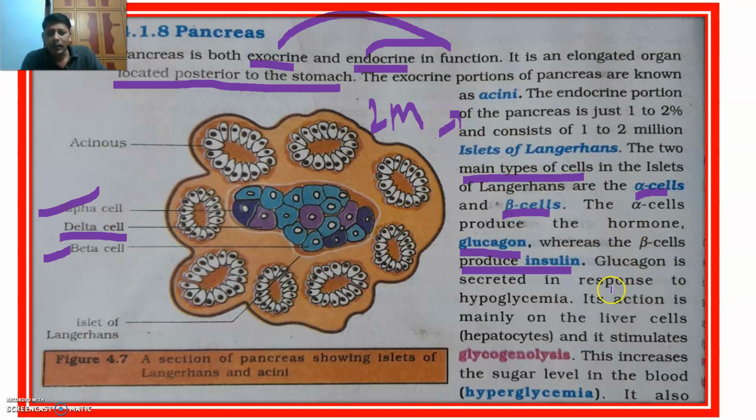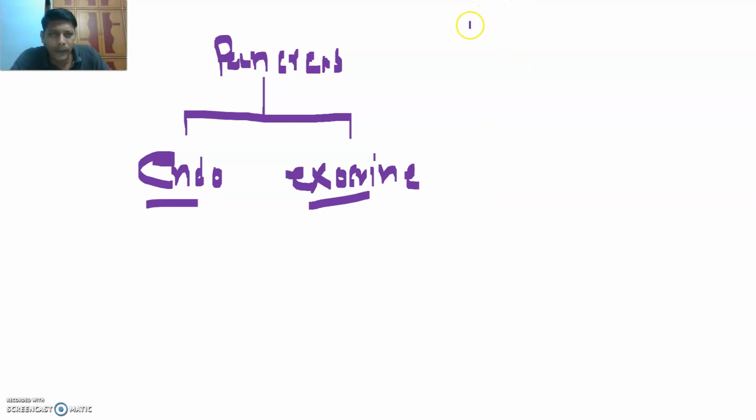Glucagon is secreted in response to hypoglycemia. What does it mean? It is a very important point, and many students get confused here. Glucagon is secreted when glucose levels in our blood fall.